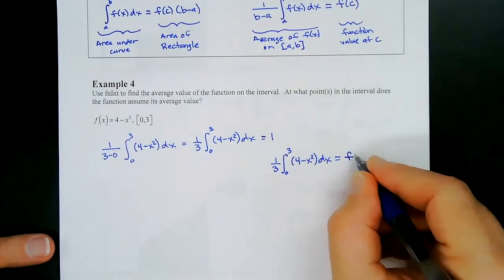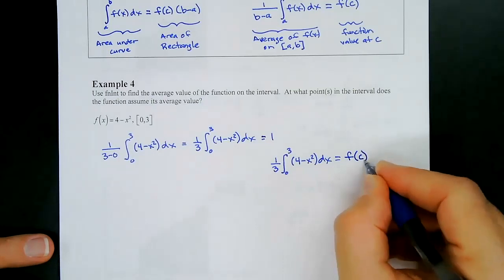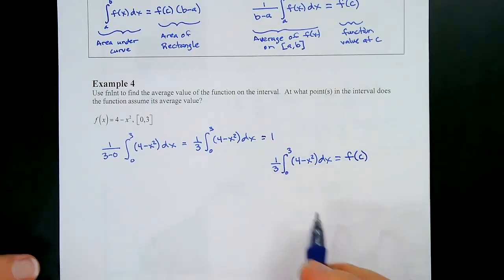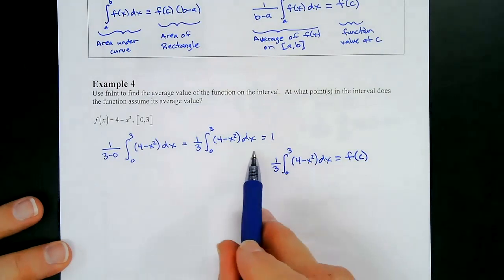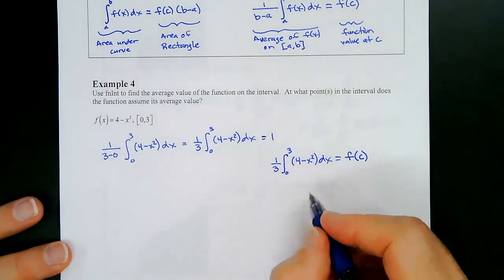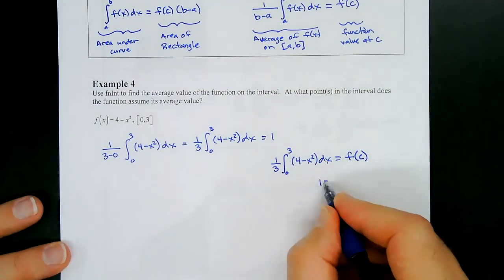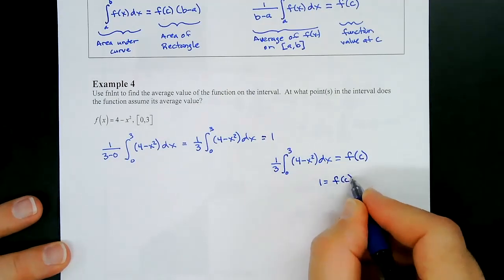So the number I'm going to put in, I don't know it yet. I'm going to call it C. So automatically I know that this from up here, this is 1. So I have 1 is equal to f of c.